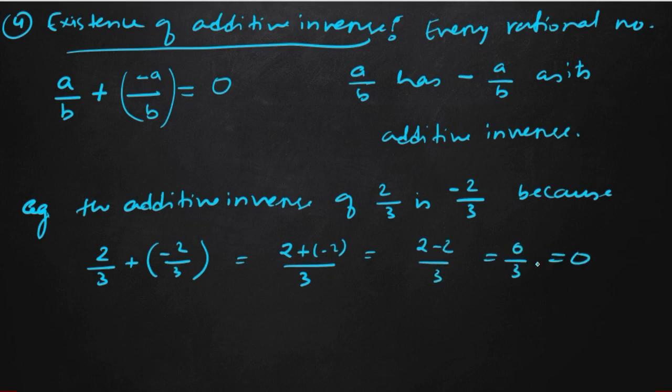That's why the additive inverse of 2 by 3 is minus 2 by 3. Again, if we take minus 16 by 9, its additive inverse will be 16 by 9. If you take a positive number, the additive inverse will be negative. If you take a negative rational number, its additive inverse will be a positive rational number.